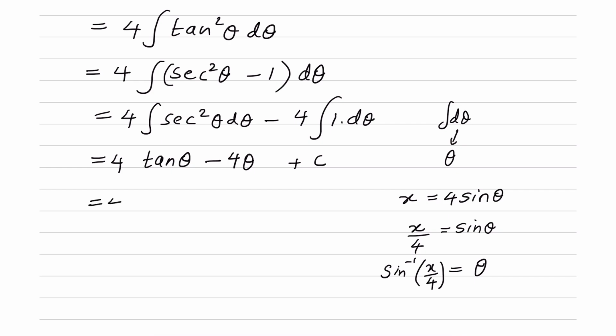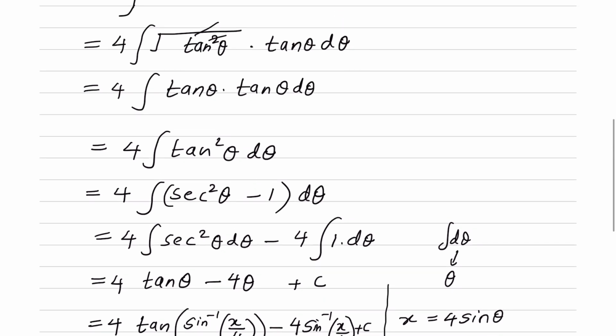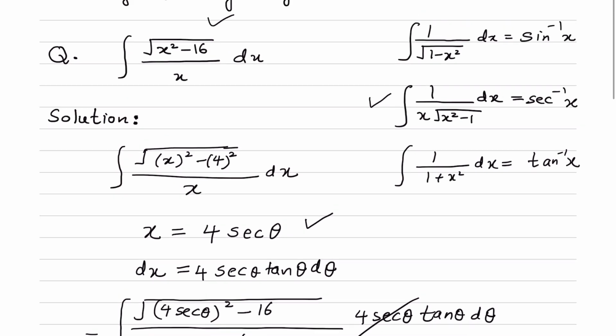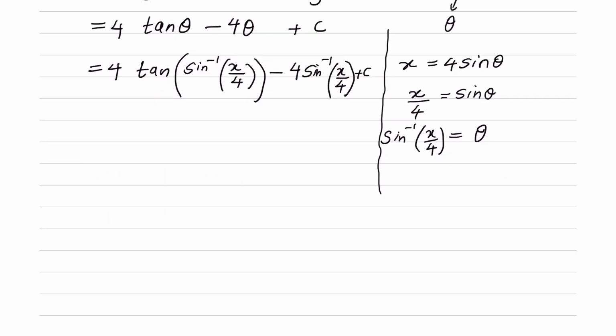So here we will put the value 4 tan theta is equal to sine inverse x by 4 minus 4 sine inverse x by 4 plus some constant. So here we have solved this integral square root x square minus 16 divided by x dx with respect to trigonometric substitution. Let's solve another problem.